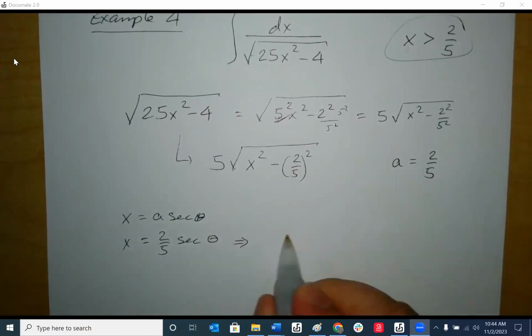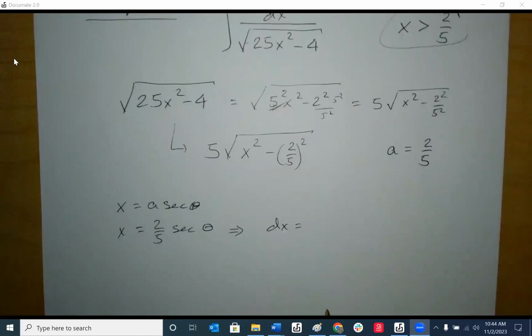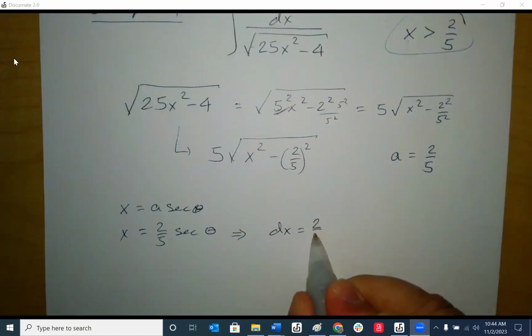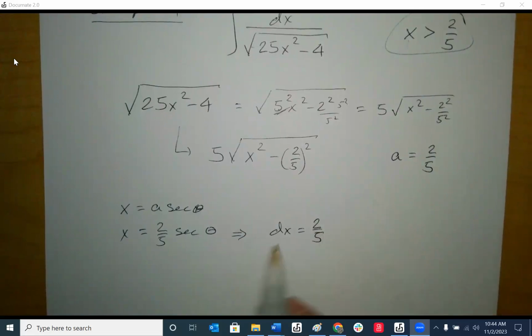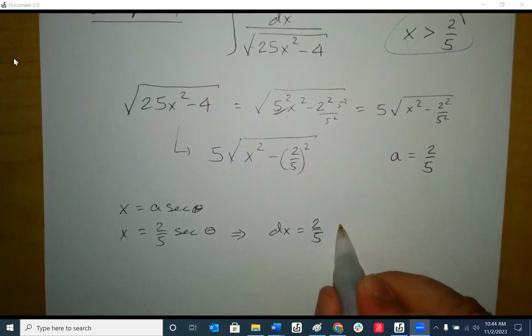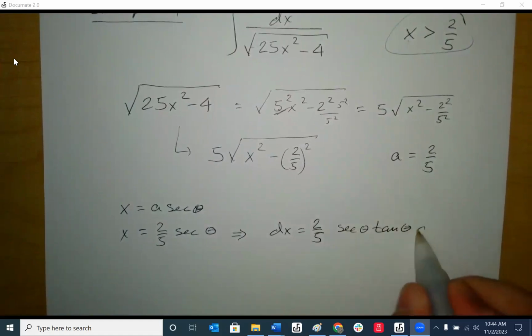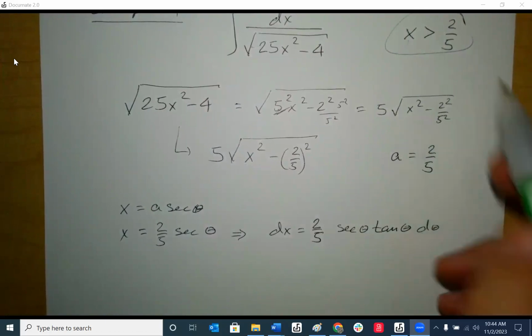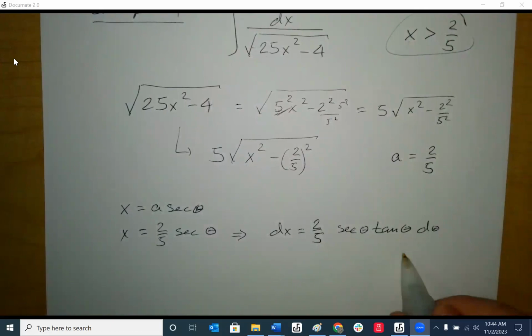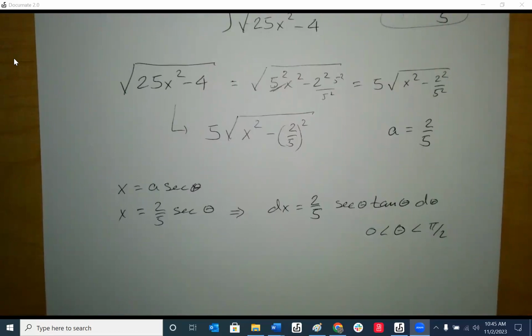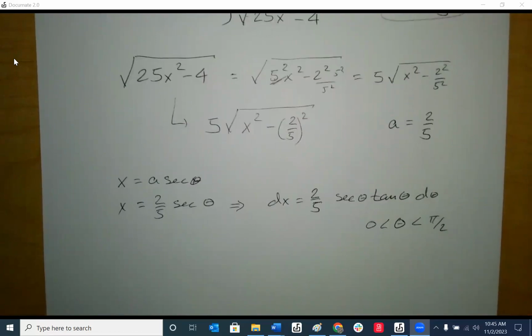Then we take the derivative, which becomes 2 over 5 times the derivative of secant, secant tangent d theta. And it's got to be greater than 0, so we're going from 0 to pi over 2.